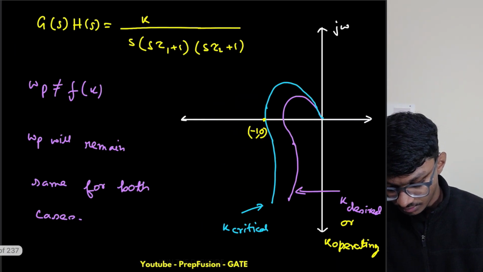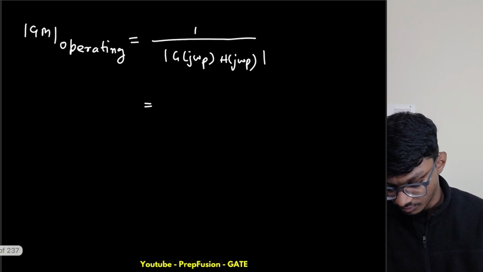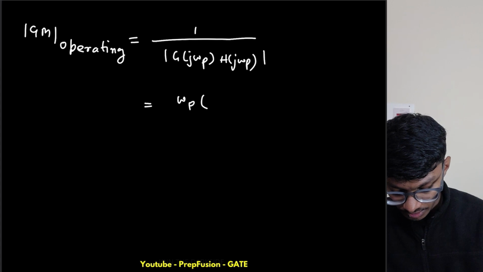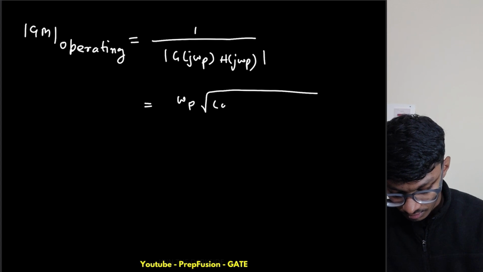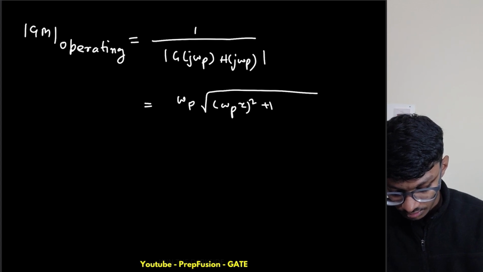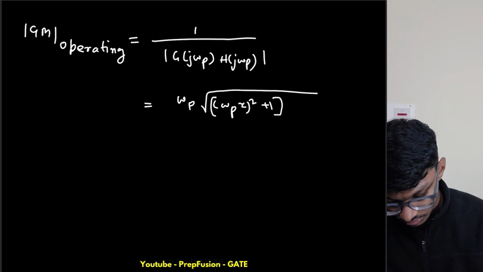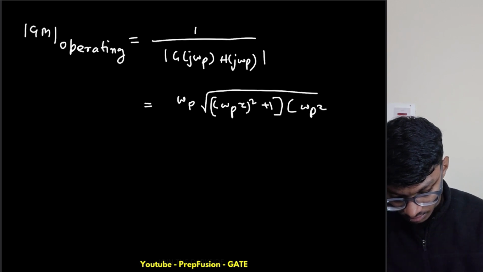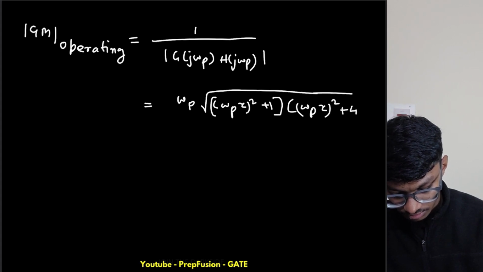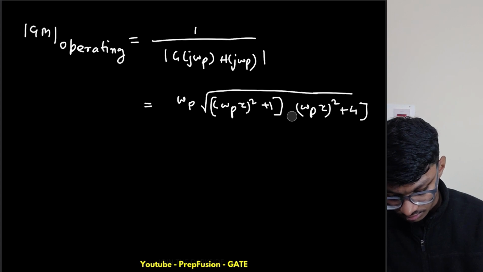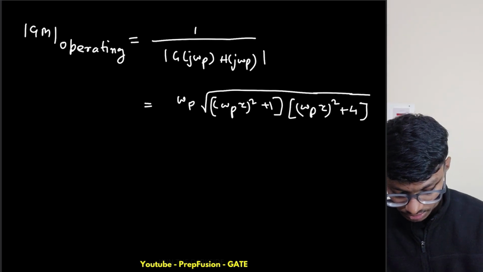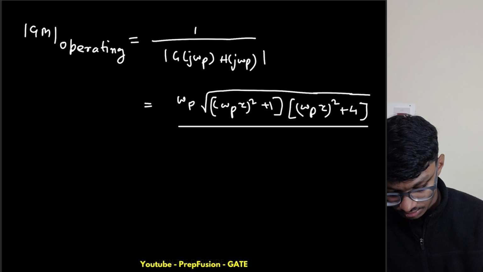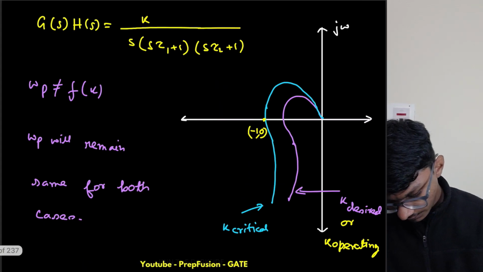What is this equal to? Simply, this will come at the top. I will copy this one. This will be omega p tau, and this will be the magnitude, square root of omega p tau squared plus 1, divided by k desired.